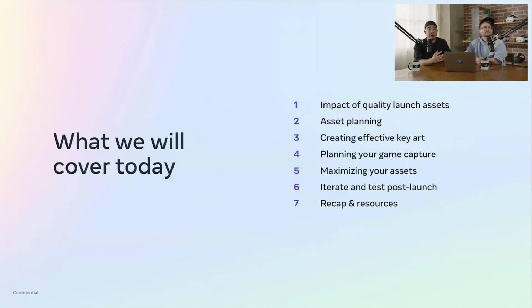We'll chat about creating effective key art with some useful tips and tricks. Then we'll talk about treating your next capture session like a little mini film shoot: shot lists, spectator cams, and how a 2-hour master session can get you across the finish line. We'll learn how to stretch that main capture session to fuel all your content. And we'll wrap up chatting about some ways you can iterate and test your content along the way.